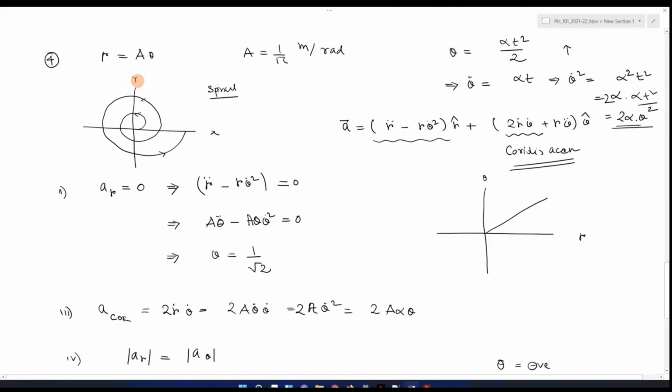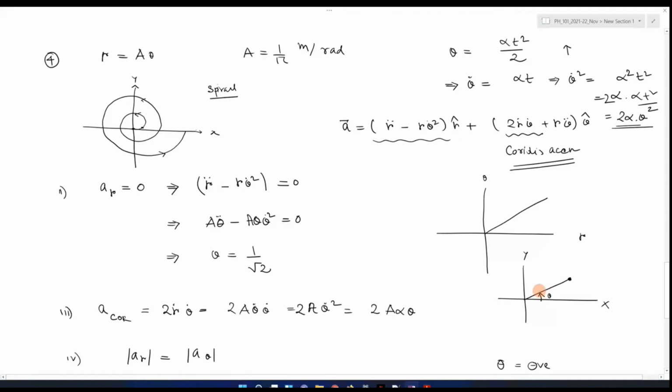We are writing in the xy plane. Suppose initially at theta equal to 0, r is also 0. Then you increase theta a little bit, so your r should also increase. Let me draw x and y. This is the particle's position, and this is theta.